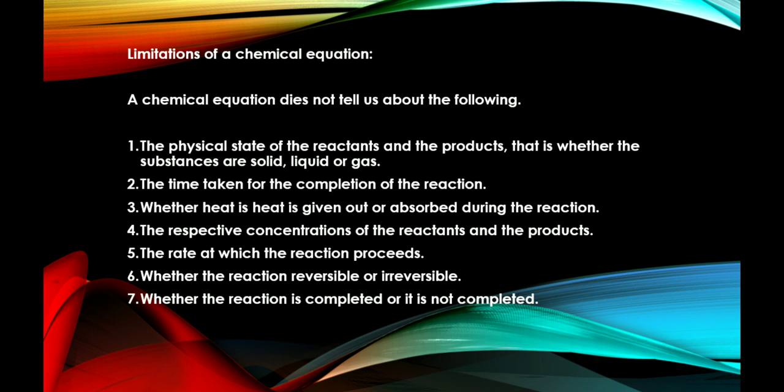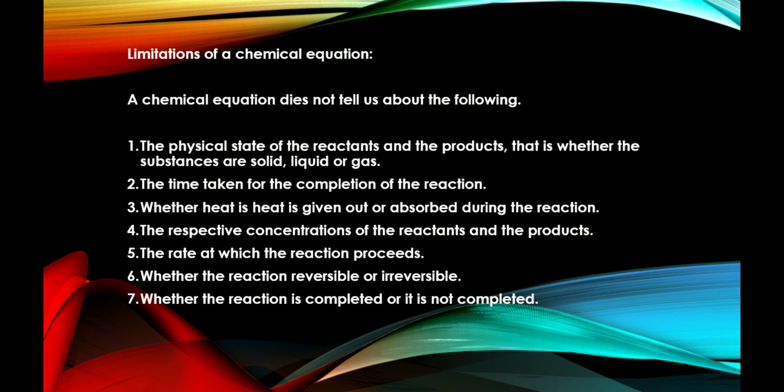Now, the limitations of a chemical equation. A chemical equation does not tell us about the following information. Number 1, the physical state of the reactants and the products, that is whether the substances are solid, liquid or gas.